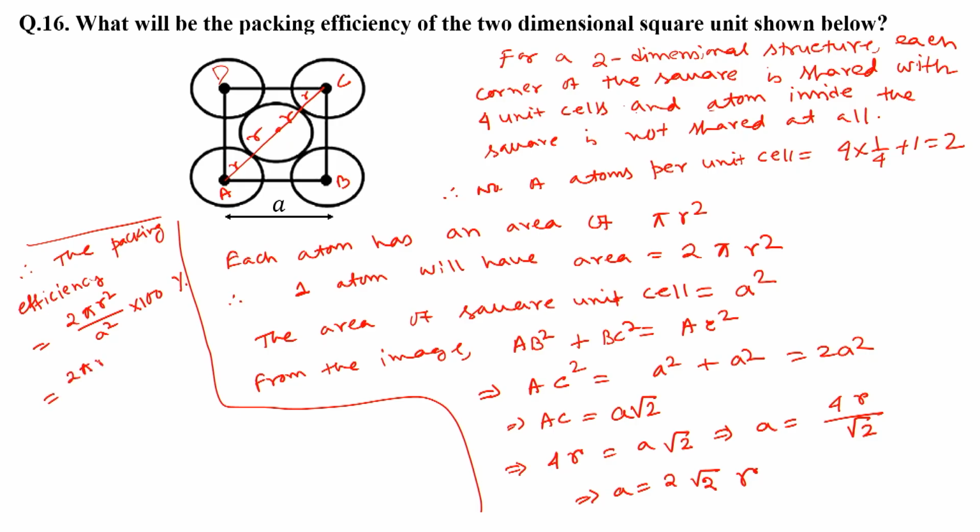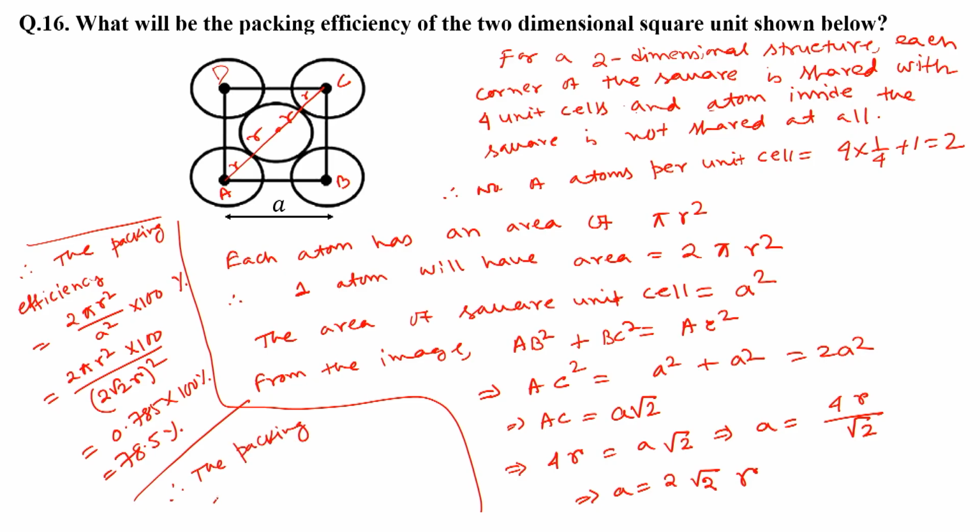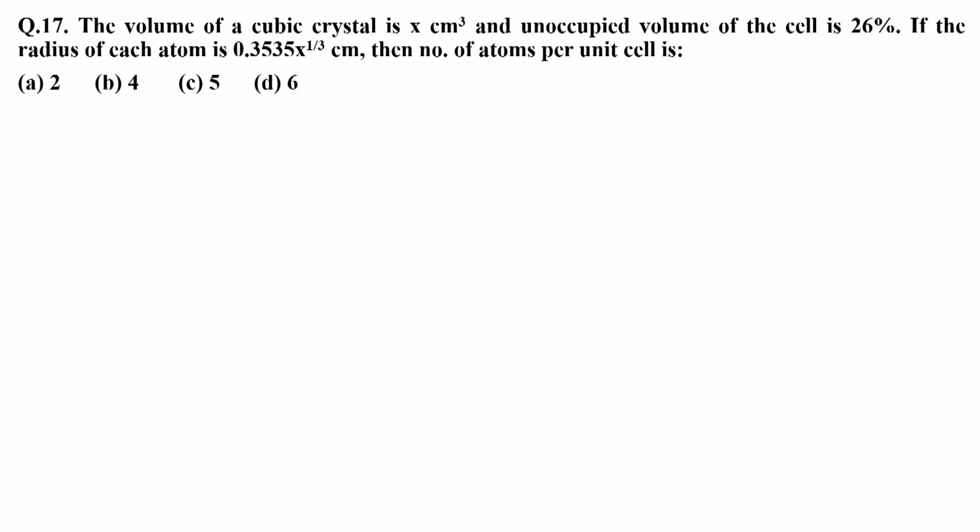So twice pi R square times 100, and the value of a we just calculated is 2 square root 2 times R, squared. If we calculate this, we get 0.785 times 100%, so we get 78.5%. Therefore the packing efficiency is 78.5%.